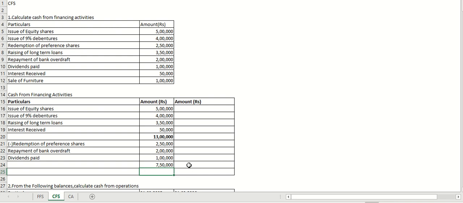So this 7,50,000 is nothing but net cash from financing activity.